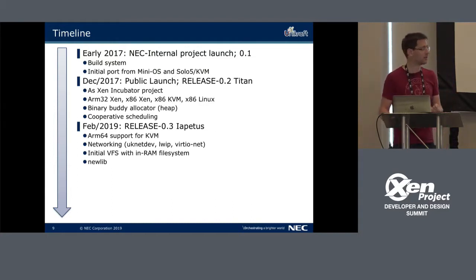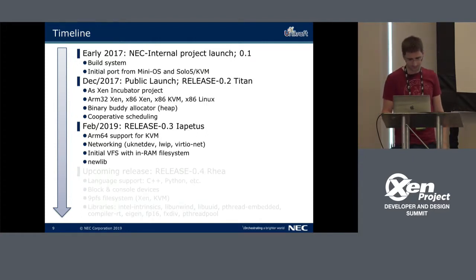We have an initial VFS, which we ported from OSv actually, so it's really full-blown VFS support that you can select now as a library. We have an in-RAM file system, and because many applications need a libc, we started with newlib as the first library for having a libc.